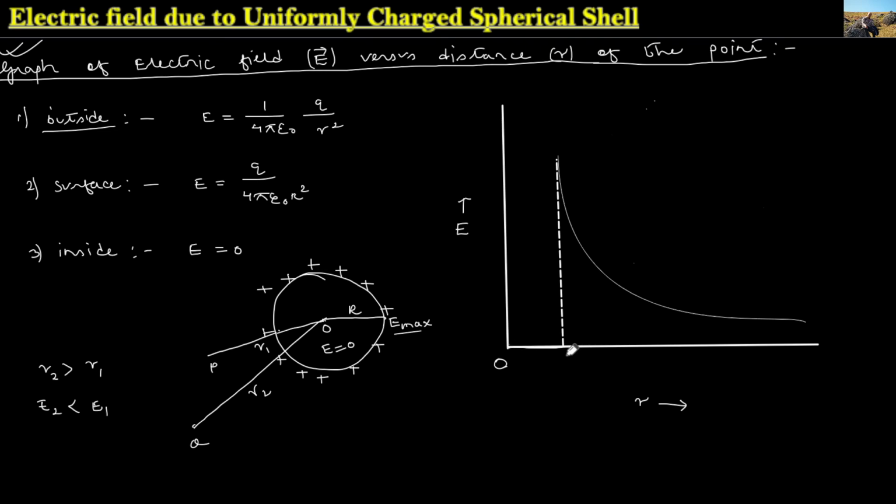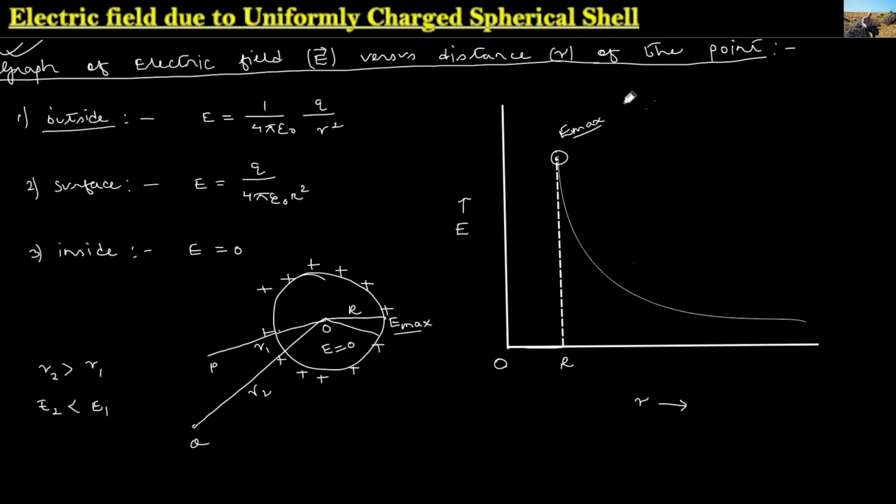From O, this is the radius, capital R, the radius of the sphere. From 0 till it reaches the surface, the electric field will be 0. The moment it reaches the surface, the electric field will be maximum.